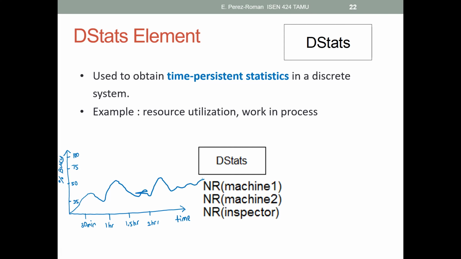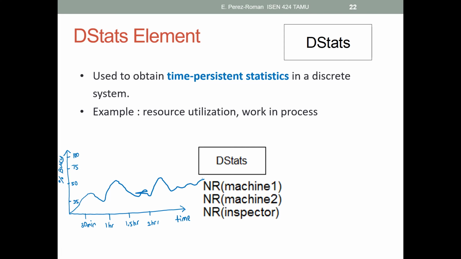So maybe during those first 30 minutes you were not as busy, but then the next half an hour you got a bunch of parts, so you were working a lot during that time. So what I'm trying to illustrate here is that this is not an observed number at the end of the simulation, like a tally, like cycle time was this. This is something that is changing across time.